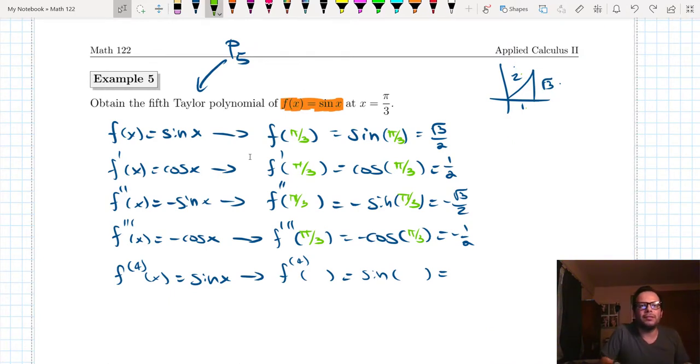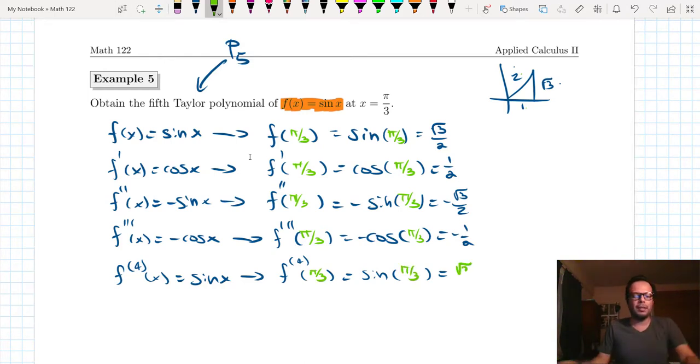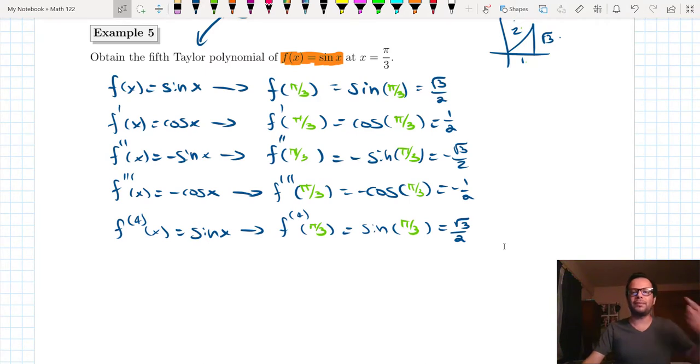Okay, it's fixed now. So sine of pi over 3, square root of 3 over 2. See how the values cycle back? Remember that exam question? How the derivatives of sine cycle back after the fourth derivative or any multiple of 4 order derivative. And finally, we do the fifth derivative of x.